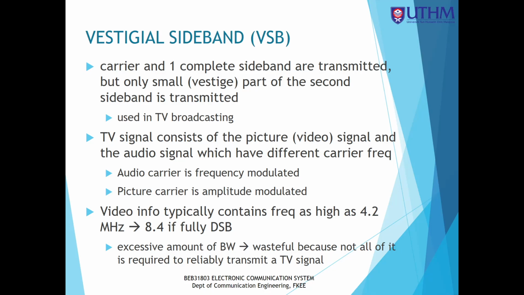If we use a double sideband full carrier, it requires 2 times the message frequency, which is very big. So vestigial sideband tries to reduce the bandwidth produced by the double sideband full carrier, so it allocates more bandwidth to the video and a small bandwidth for the audio.